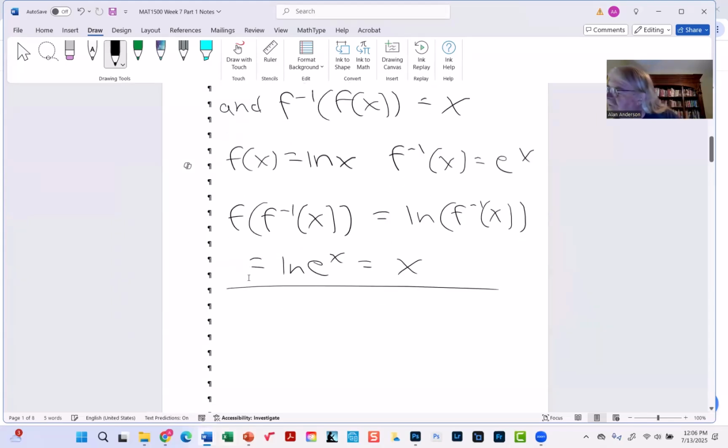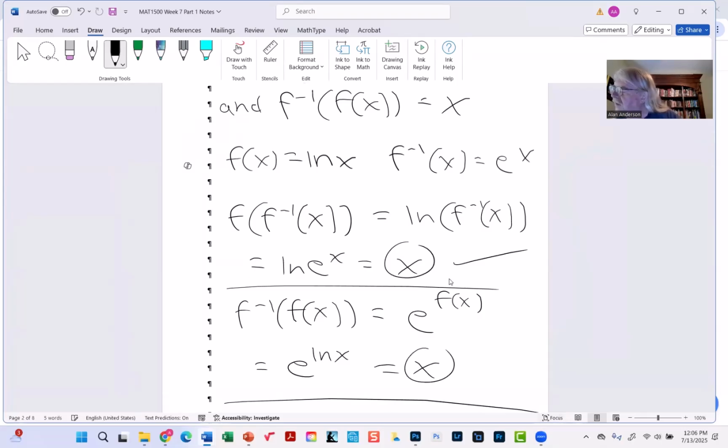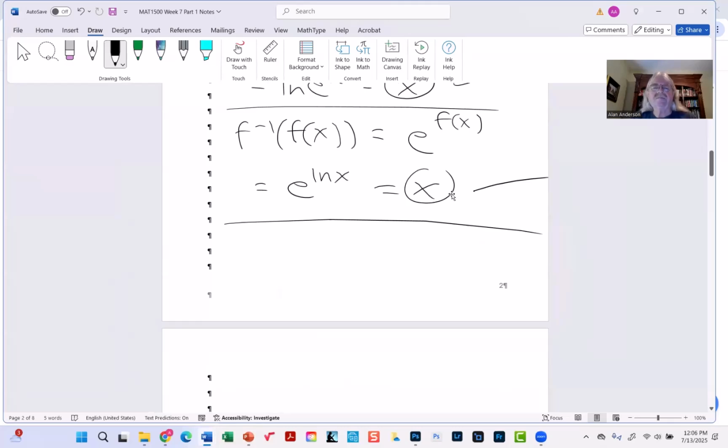We have f inverse of f of x. So the f inverse is e to the x. We're going to have e to the f of x, e to the log of x. And again, by definition, this is equal to x. All right, so we just got through proving that f of x equals log of x, f inverse of x equals e to the x. They are, in fact, inverses of each other.